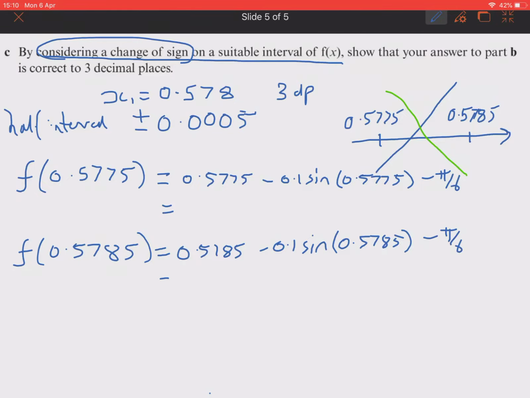So I'm going to need to evaluate these two. And the first one gives me negative 0.00069, and the second one, you can just edit it and change the 0.5775 to 0.5785, and I get 0.00022.